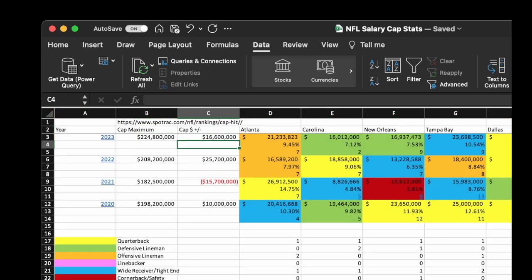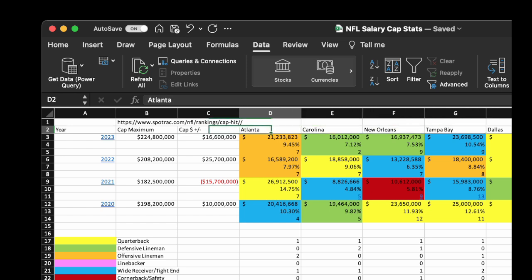Now that we have the data, essentially column A is the year, column B is the cap maximum, C is the fluctuation with the cap, so how much a team can be over or under the cap, and then I lay out the teams, sorted in alphabetical order by division.